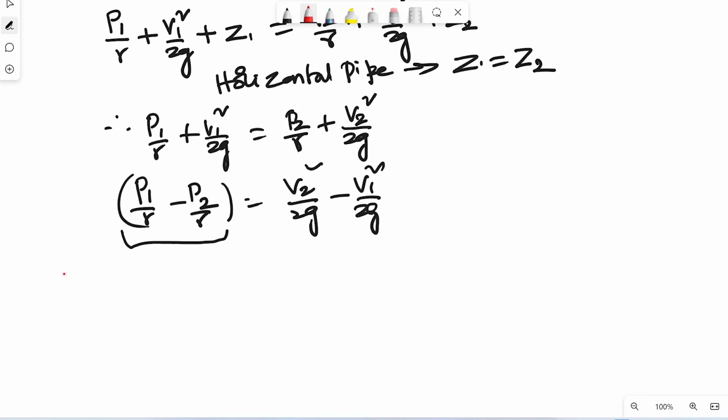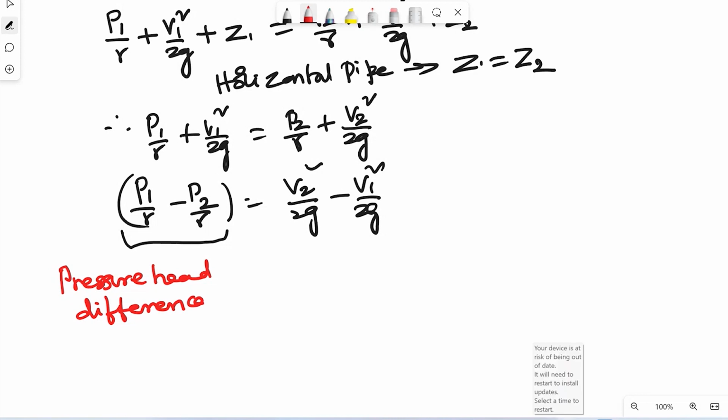This is nothing but the pressure head difference between the inlet (1 means inlet, 2 means throat), and this is represented by H. Now H is equal to V2 squared by 2g minus V1 squared by 2g.